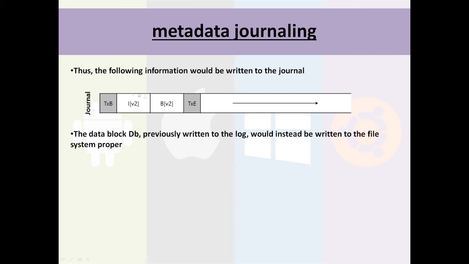So now our transaction would look something like this, and this is what the information would be in the journal. I'll begin, our inode version 2 from that same example, our bitmap version 2 from that same example, and the end. The data block, which was previously written to the log, would instead be written to the on-disk structure straight away.